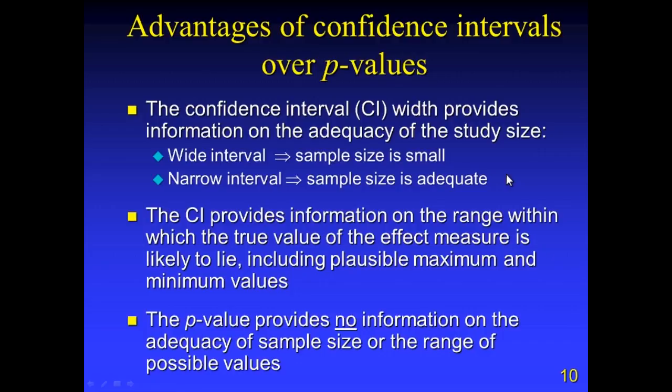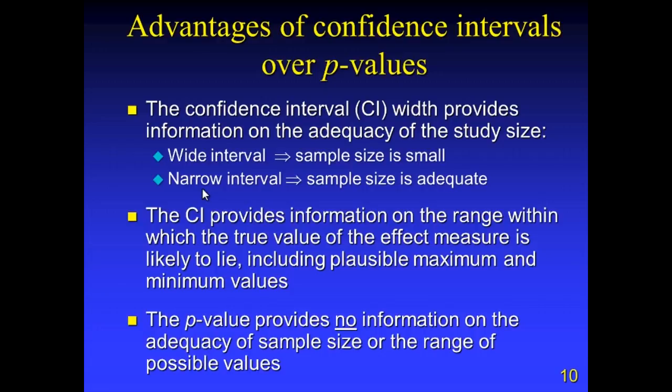So I just want to sum up the advantages, as I said, of the confidence interval over p-values. The confidence interval gives you some sense of the adequacy of the sample size. If you have a very wide confidence interval, then the sample size may be too small. If you have a narrow interval, which is centered around the relative risk of your study, then you might judge that the sample size was pretty adequate.